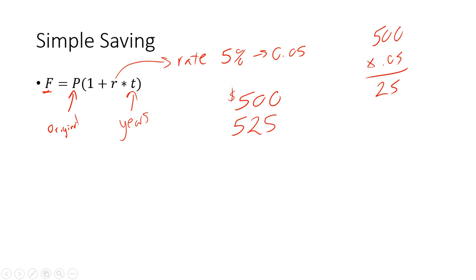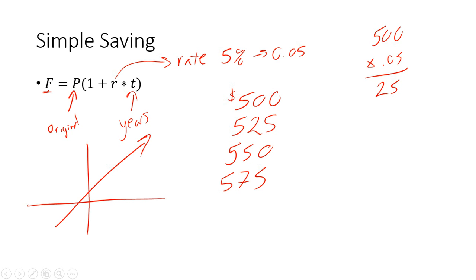The next year, they would give you 25 more dollars, so it would be 550, and then it would be 575, and so on and so forth. And as you see, it grows at a constant rate. This is a linear function that grows at a constant rate. So every year you're going to be getting $25 in this case. Okay, so it's based on the original amount that you put in.